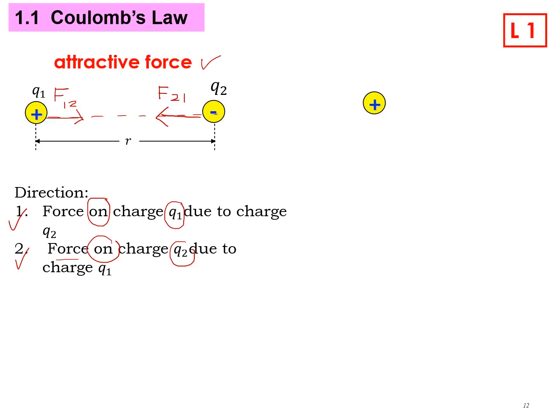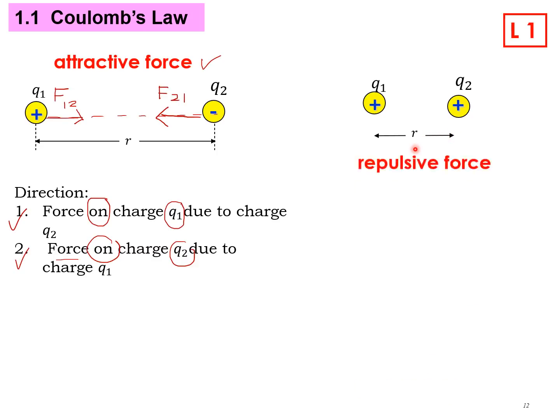Okay, so we look at another one. It is the same as the previous one, but the difference is only in the charges. If in the previous one we had different charges, now in the second one both Q1 and Q2 have the same charge, separated by distance r.